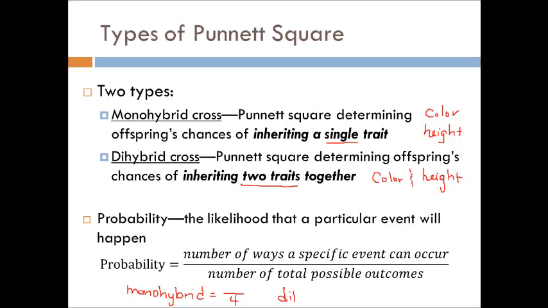For dihybrid, because we're looking at 2 traits, everything's going to be out of 16. So 3 out of 16, 4 out of 16, and so on. A lot of times with the monohybrids, you will see 1/4, 2/4, 3/4, things like that. So for monohybrid, you're always going to have a possibility out of 4. For dihybrid, it's going to be out of 16.